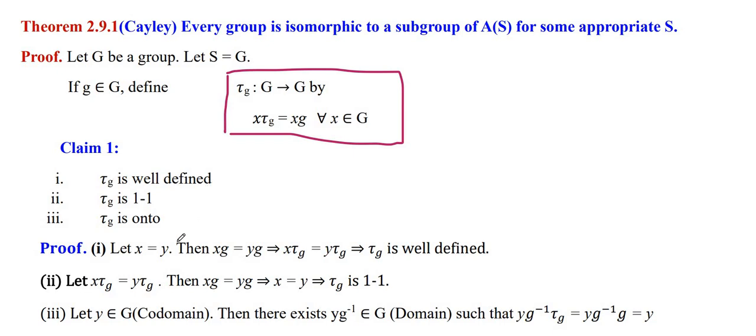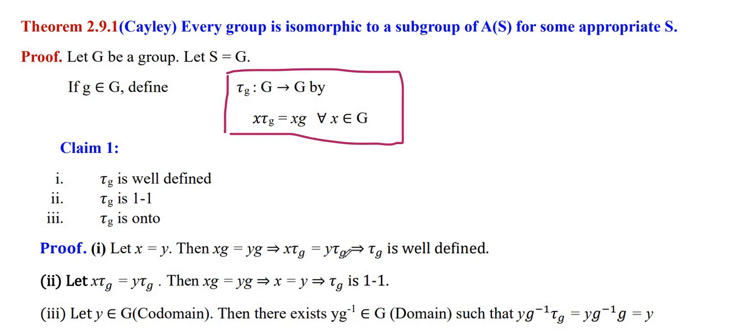So tau g is well defined for the reason that when we take x equal to y, two elements in the domain being equal should imply the images are equal for well definedness. So we consider x equal to y, then xg, that is, we post multiply both sides by g, so you get this, and by definition this is nothing but the image of x under tau g.